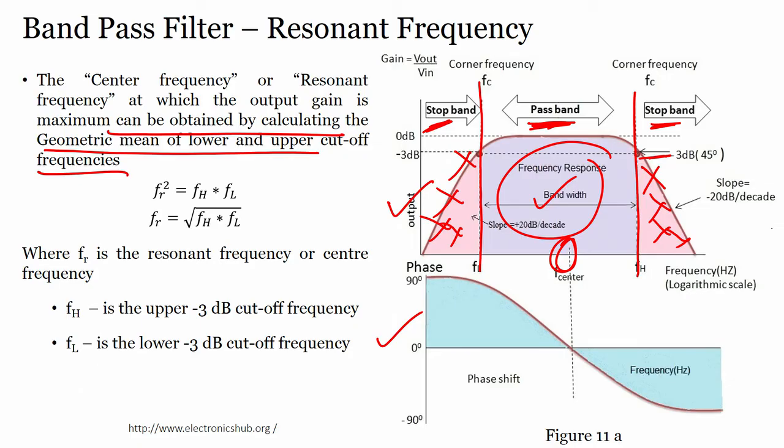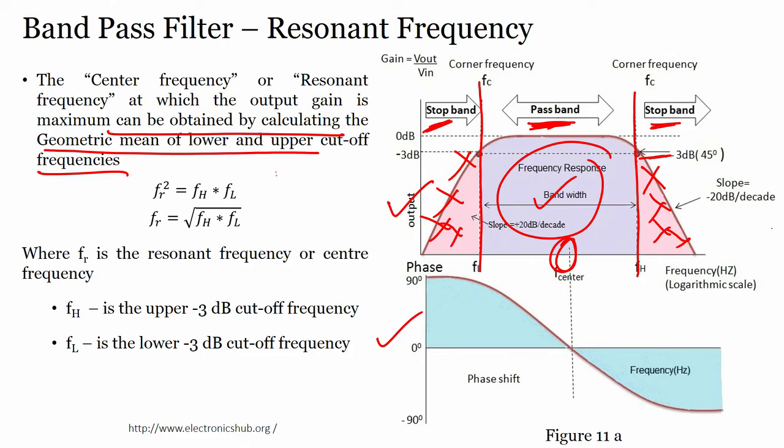Now, we have seen this already in the lectures, but let us again look at the formula. We know that the resonant frequency or the center frequency can be obtained by calculating the geometric mean of the lower and upper cutoff frequencies.